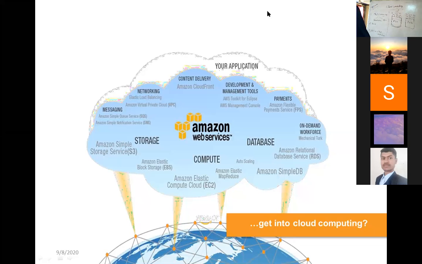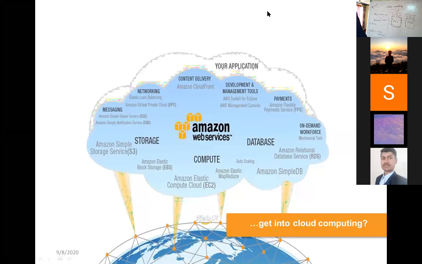In the database category, we have Amazon SimpleDB, Amazon Relational Database Service, RDS, and other services like development and management tools such as AWS Toolkit for Eclipse and AWS Management Console for managing and developing tools.